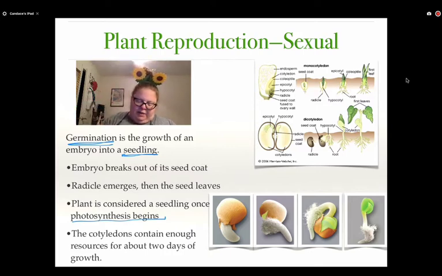So the first thing that emerges is the radicle. That's this little baby root that comes out, and then eventually the seed leaves, and there's about 2 days worth of energy that the seed can work through before it has to start photosynthesis, or it will die. So that's what germination is.